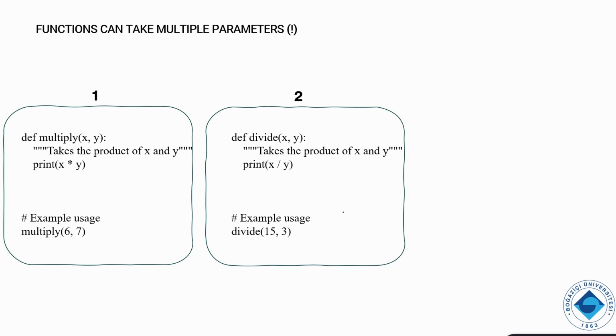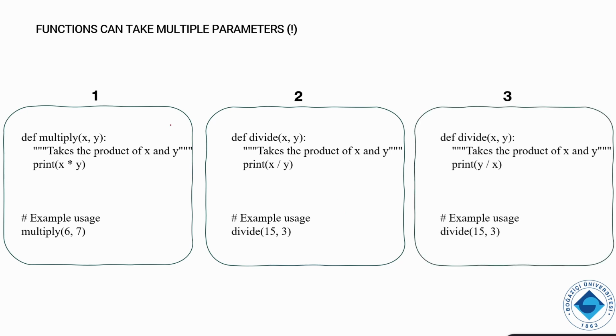And functions can take multiple parameters. If you check the example on the screen, here all functions take 1 and 2 parameters each. And if I send 6 and 7 to the function here, it will print 42.